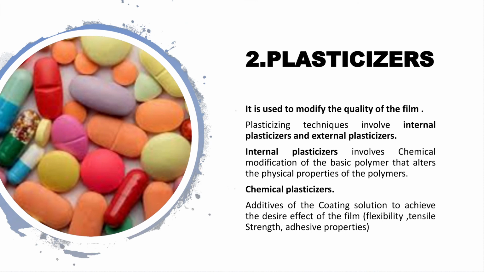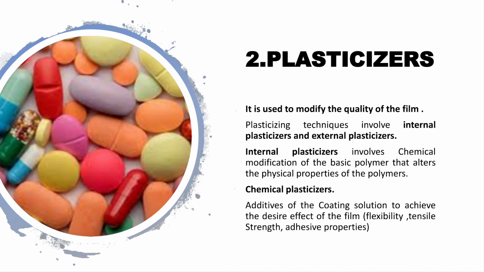Then we move on to the plasticizers. As I have discussed, plasticizers are basically used to modify the quality of the film. They have plasticizing techniques, which involve internal plasticizers and external plasticizers. Internal plasticizing involves chemical modification of the basic polymer that alters the physical properties of the polymer. External plasticizers are additives to the coating solution to achieve the desired effect on the film.